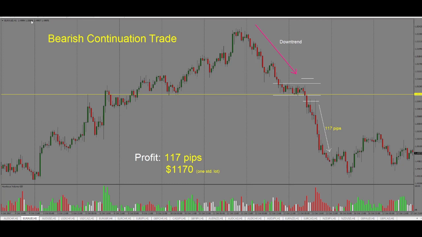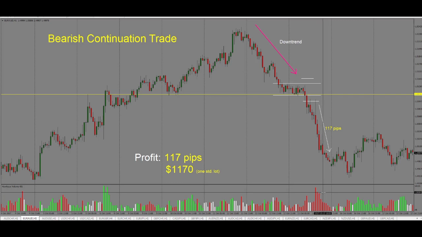Also, if you look at the volume here, as the price starts to break below our consolidation, our red volume starts to increase. And as we go into the close of the day, towards the end of the day, see how the red volume is going lower.